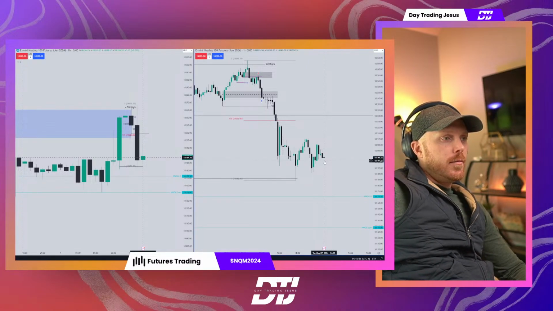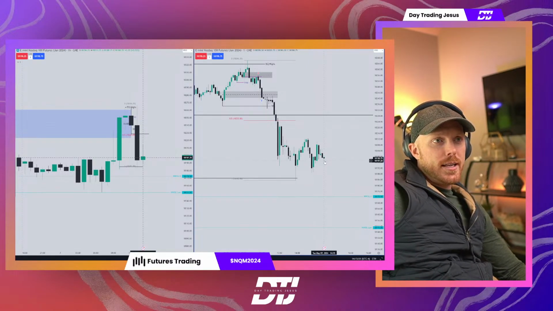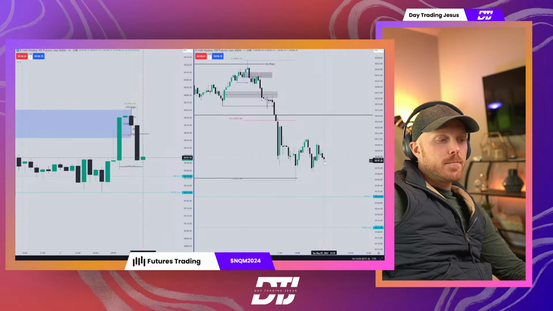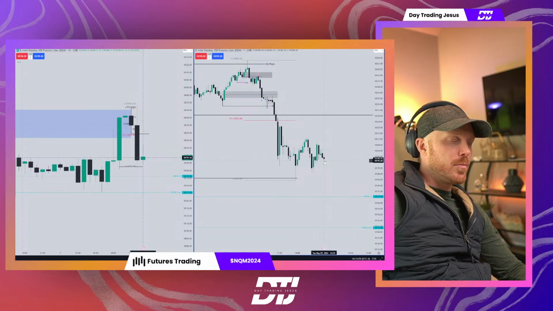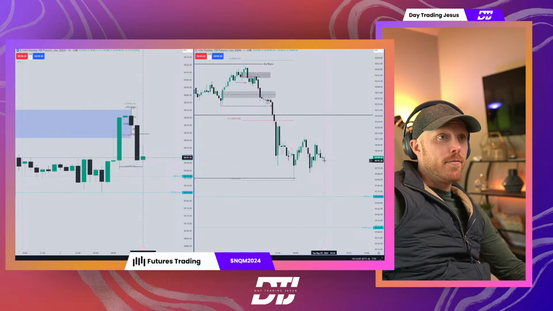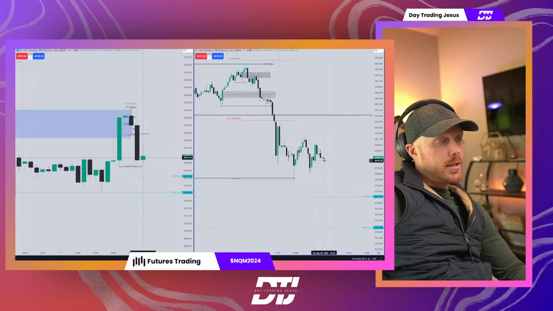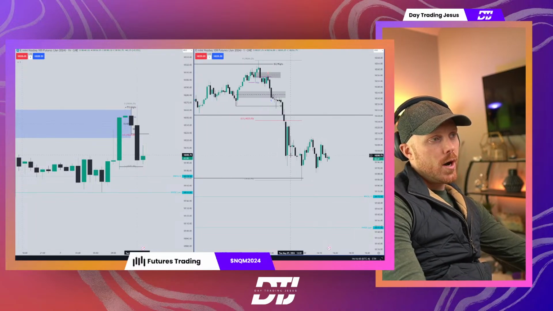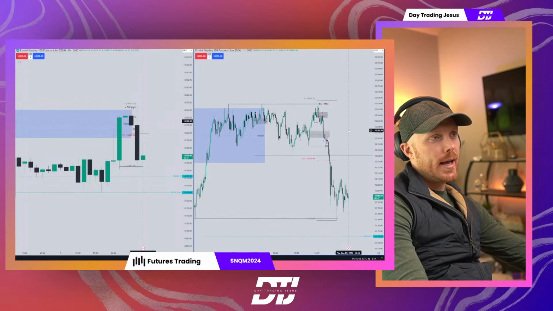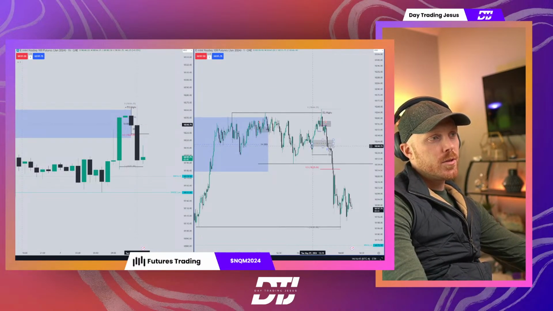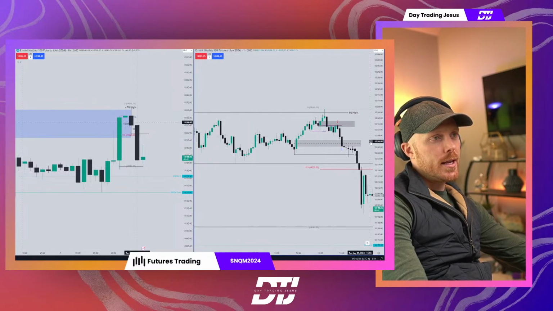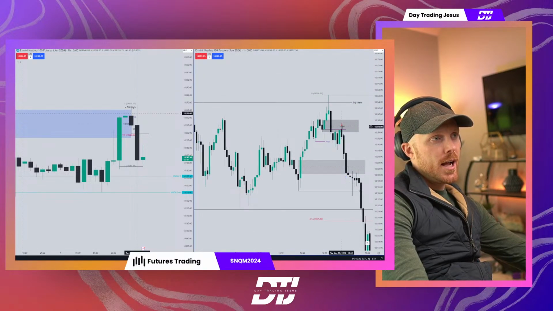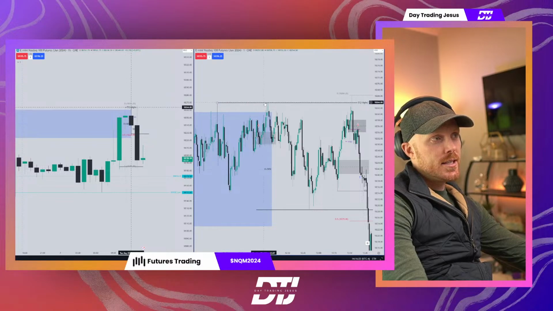So again, ICT looks at it as everything is rigged, everything is algorithmic, it's decided, it's intentional, it's not based on supply and demand. And the longer I've watched price move in such an algorithmic way, honestly, the more I believe it, the more I see it happening, and I'm convinced. I mean, why would supply and demand just want to move price higher right here and then hit these equal highs?